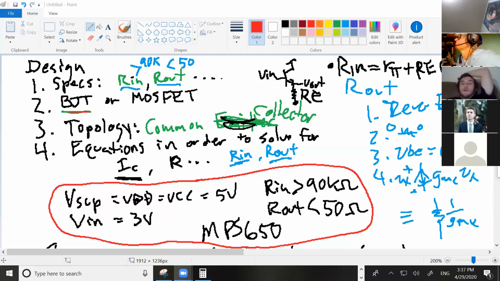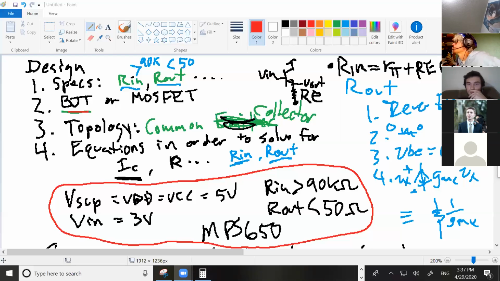Because VBE equals negative V out, so the voltage across the current source is Vx, and it's Vx times GM.